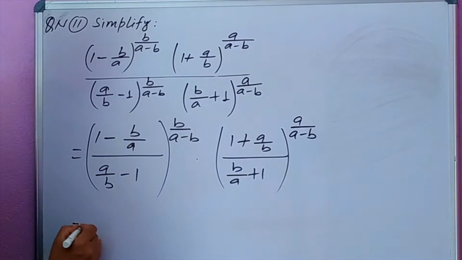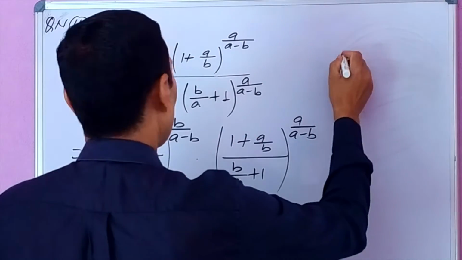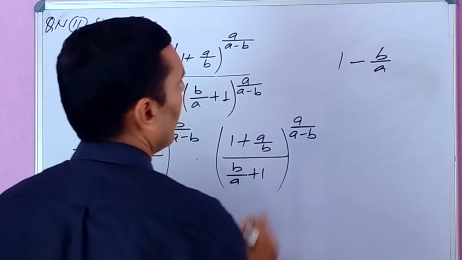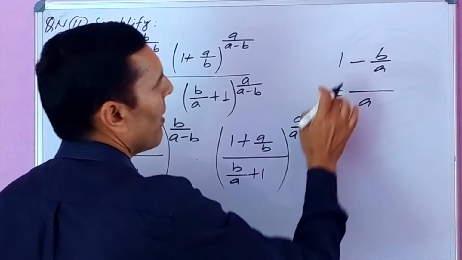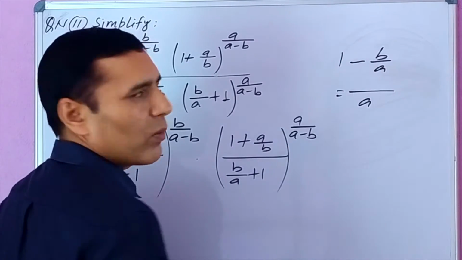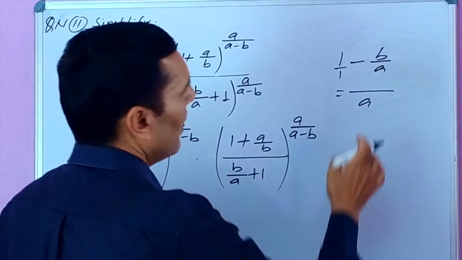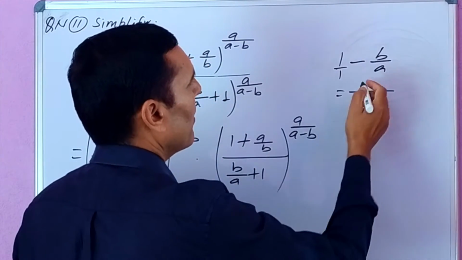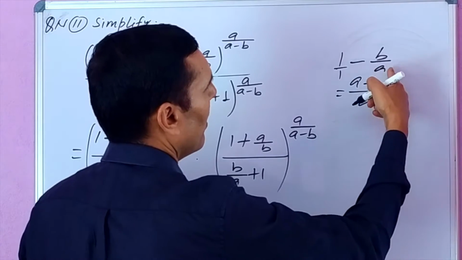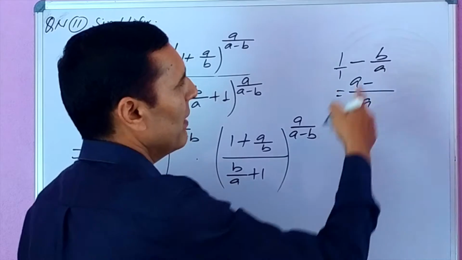Now we can take LCM everywhere. 1 minus b upon a. What is the LCM? A. In the first term we have 1 only. When it has denominator 1, we can suppose denominator 1. When LCM is divided by 1, a into 1 it is a, and the denominator and LCM are the same, a divided by a, 1 into b, it is b.